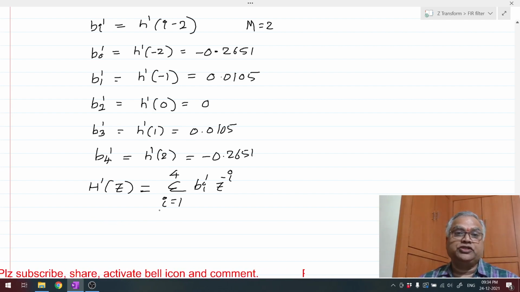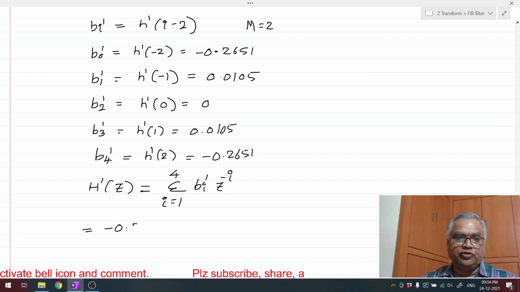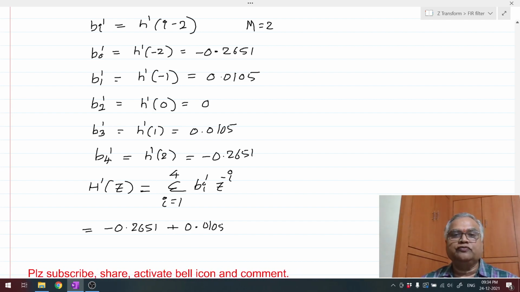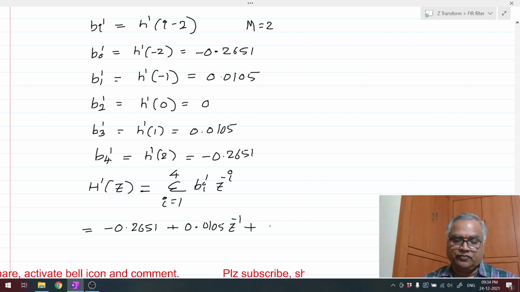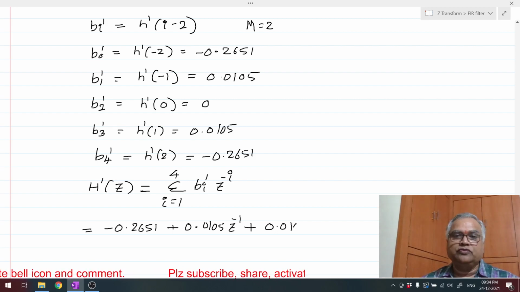After expansion and substituting, you will get minus 0.226, 0.01, 0, 0.01, minus 0.226 z power minus 4.